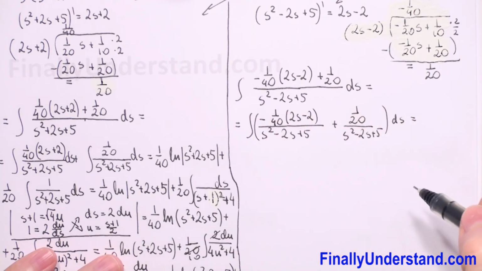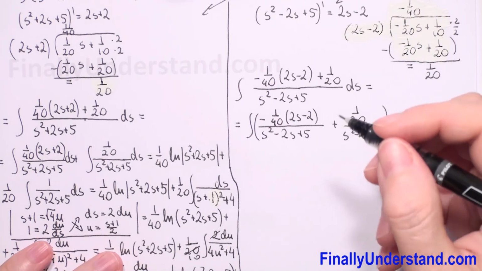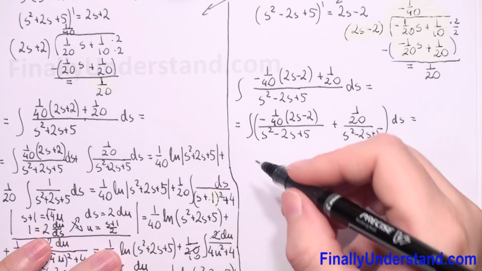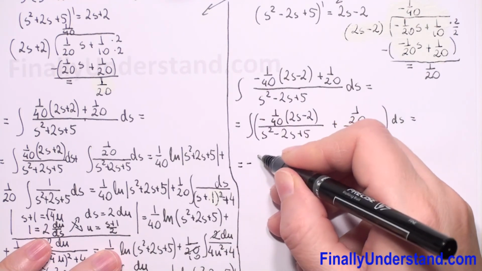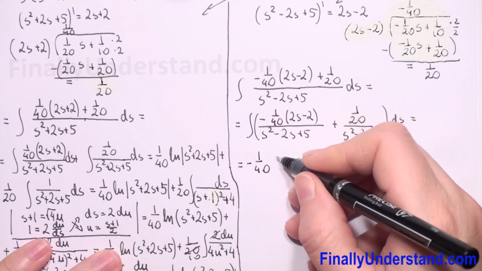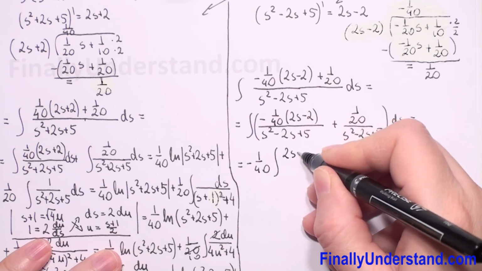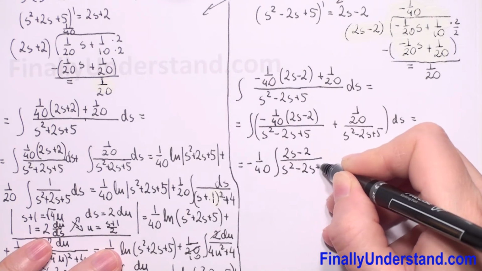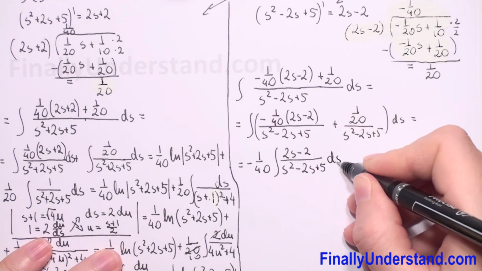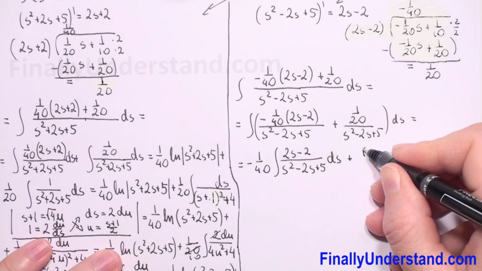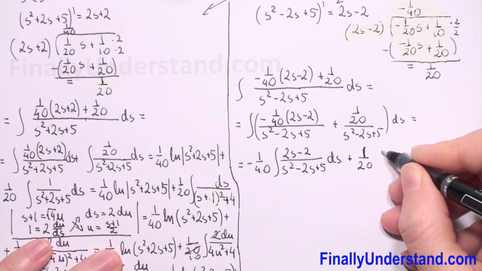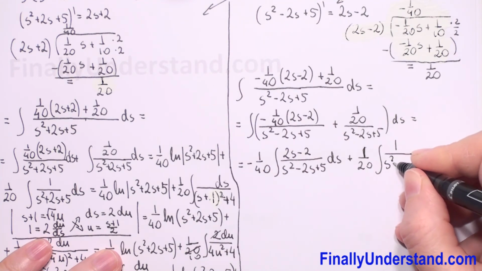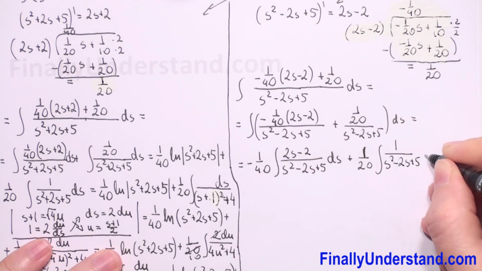The integral of a sum is equal to the sum of integrals, and we can put these constants before the integrals. So we will have negative 1 over 40 times the integral of (2s minus 2) over (s squared minus 2s plus 5) with respect to s, plus 1 over 20, of course, times the integral of 1 over (s squared minus 2s plus 5) with respect to s.